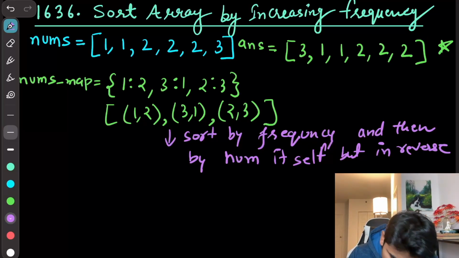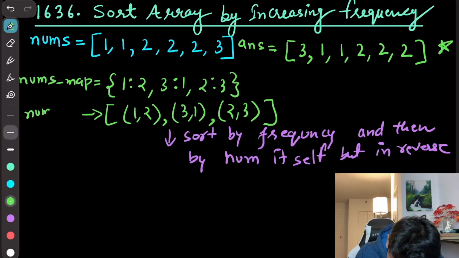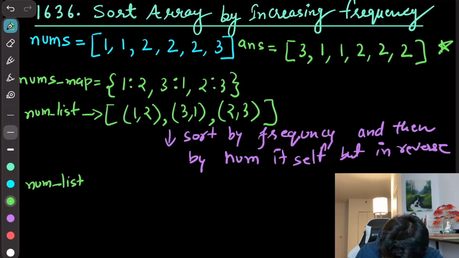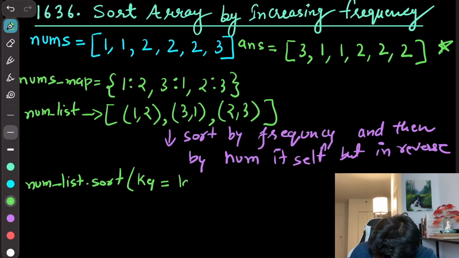So if I want to write the lambda function right here, this is how I would do it. In order to sort this, I'm going to call it num list. So num list dot sort, and I will sort with the key equals lambda x.